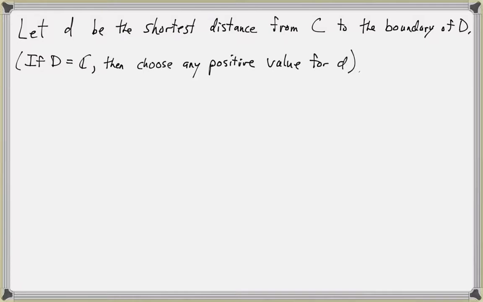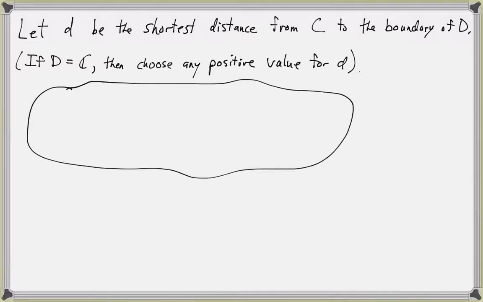Let's draw a picture of the situation. So we have our domain D, and we have z0 somewhere in the domain, and we have another arbitrary point W in the domain, and we have a contour.